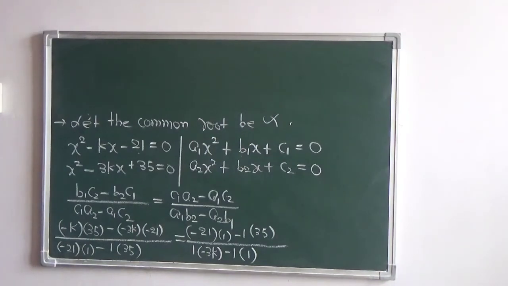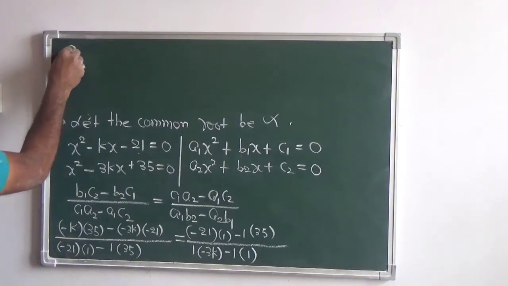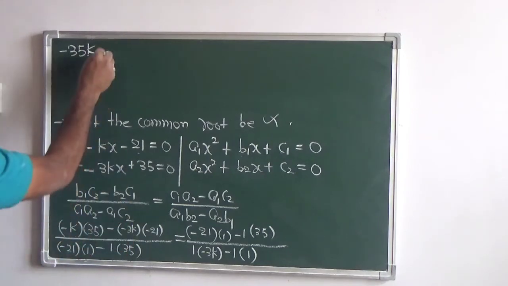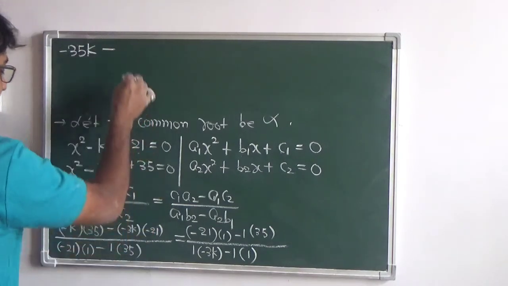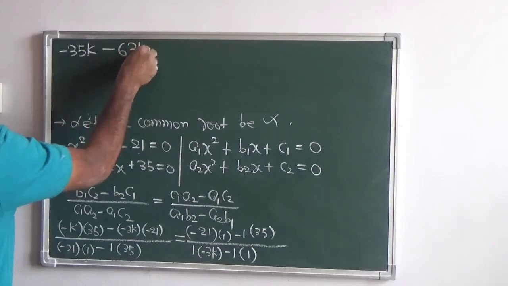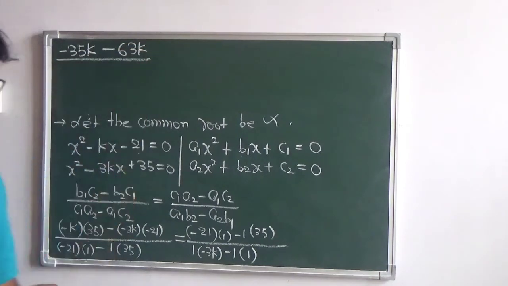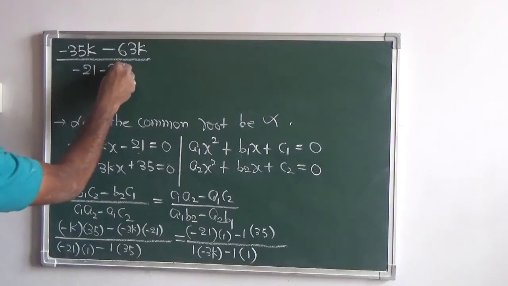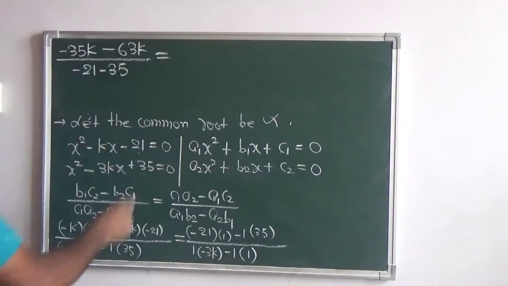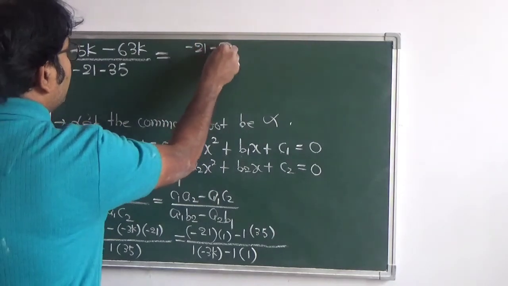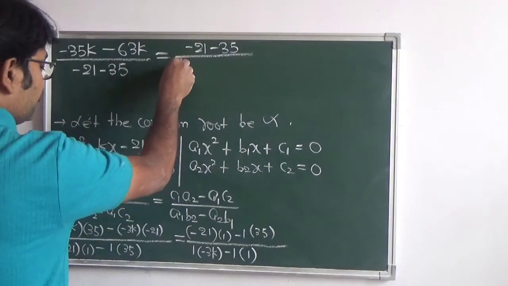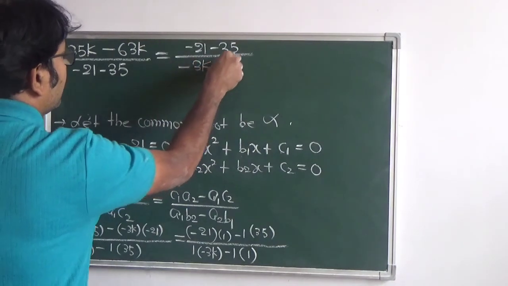What we are getting in the numerator is minus 35k minus 63k, divided by minus 21 minus 35. This will be again minus 21 minus 35, divided by minus 3k minus a2 b1.